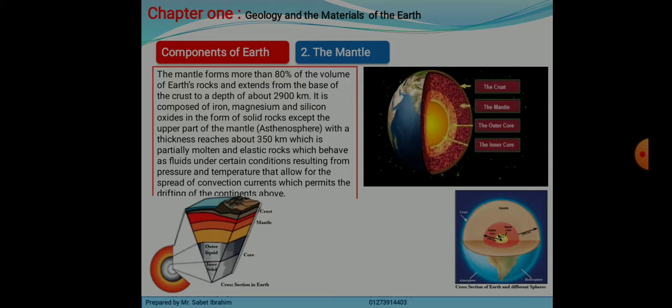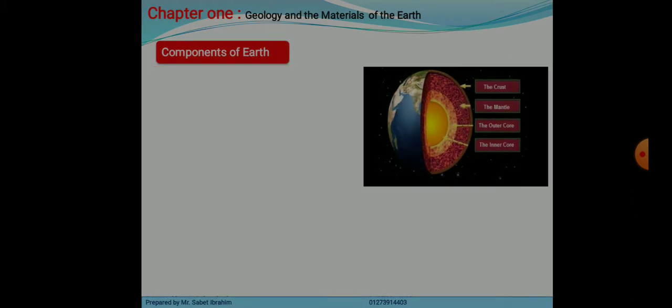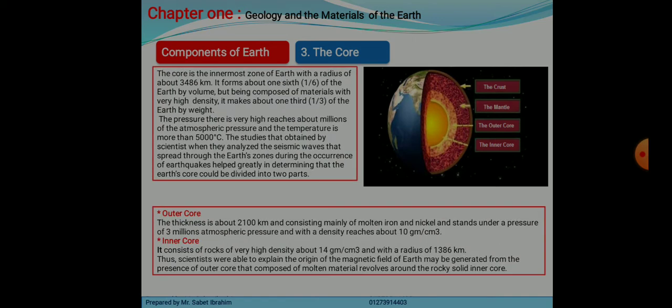As you see here, the thickness of the mantle in the figure. Number 3 is the core. The core is the innermost zone of Earth with a radius of about 3,486 kilometers.